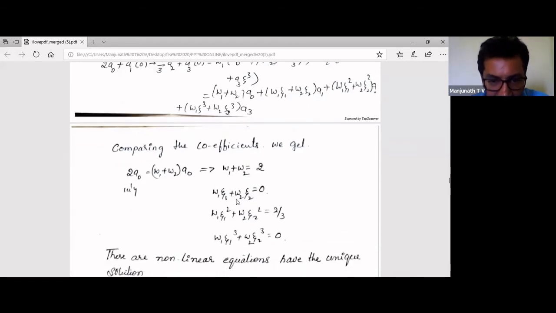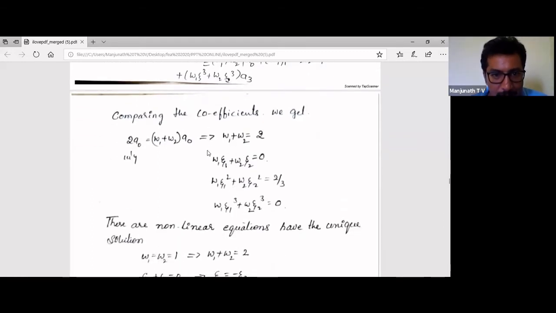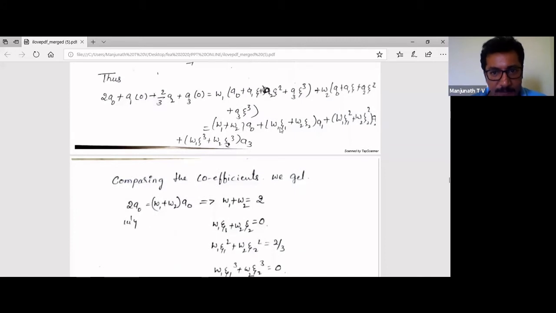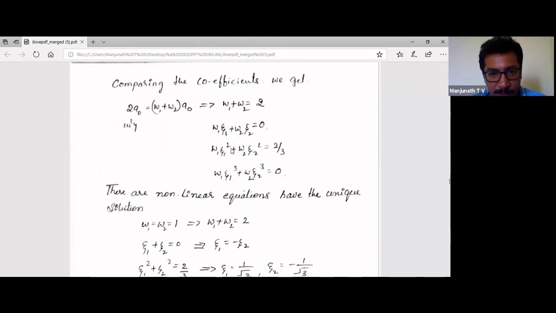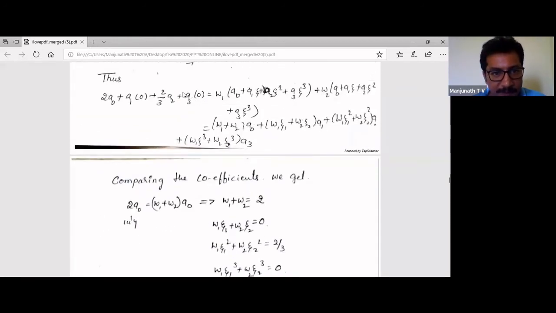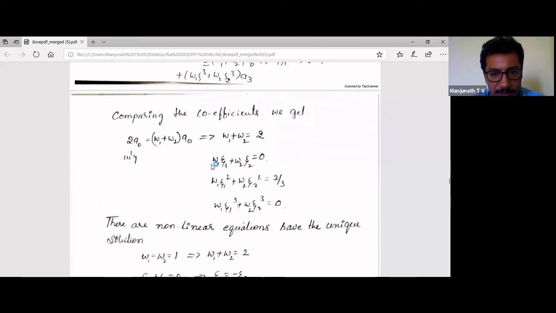Then for the second terms, comparing: here A1 times 0, and on the other side A1 (W1 zeta 1 plus W2 zeta 2). Comparing both equations, A1 gets cancelled, so W1 zeta 1 plus W2 zeta 2 is equal to 0.